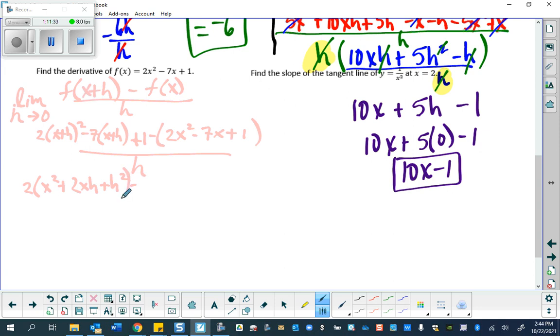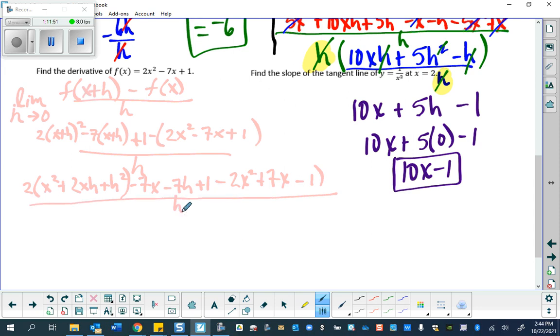I'm going to distribute the 7, minus 7x minus 7h plus 1 minus 2x squared plus 7x minus 1.